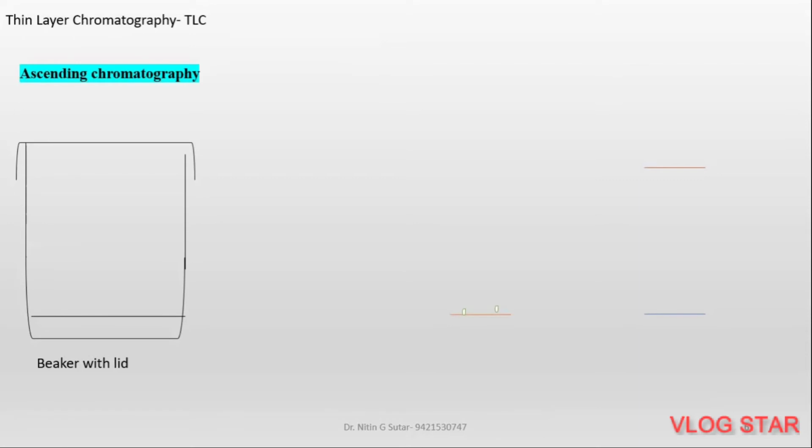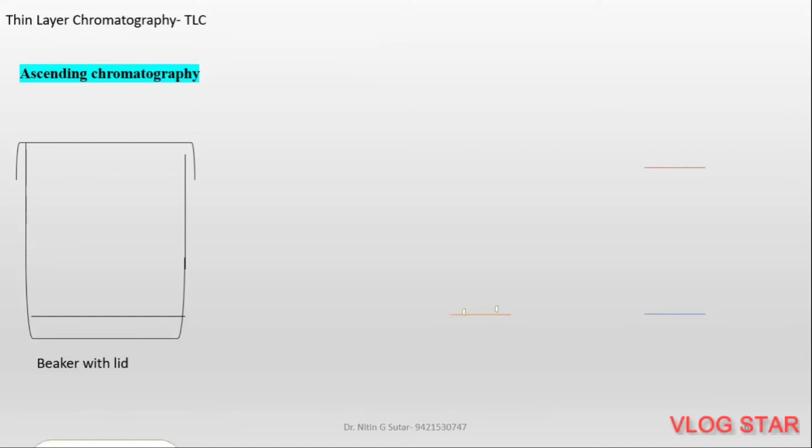But as per the requirement, whichever component you want to isolate or separate, the selection of the solvent must be made accordingly. So initially you have to remember that there is one polar phase and another non-polar phase, and this is your mobile phase.